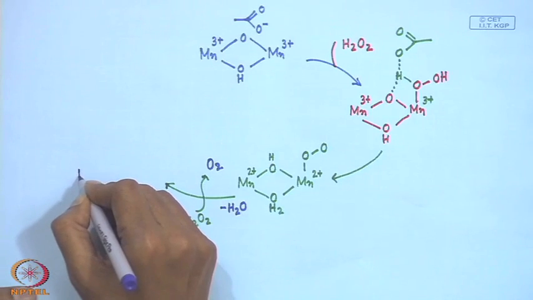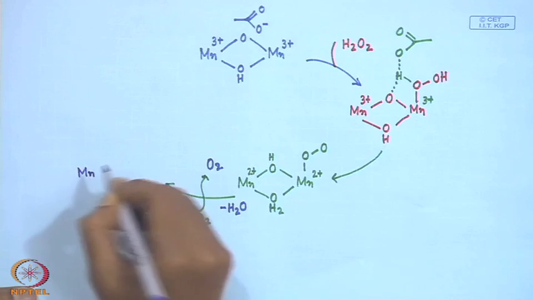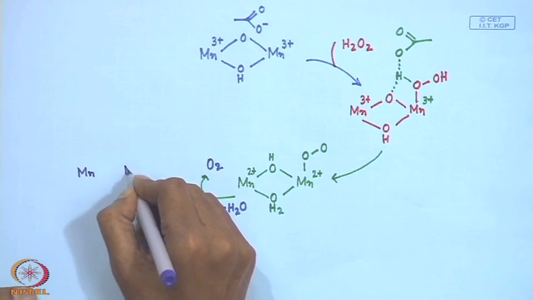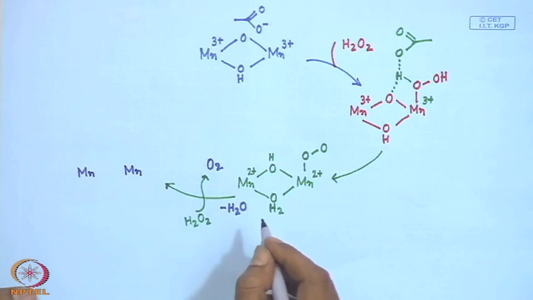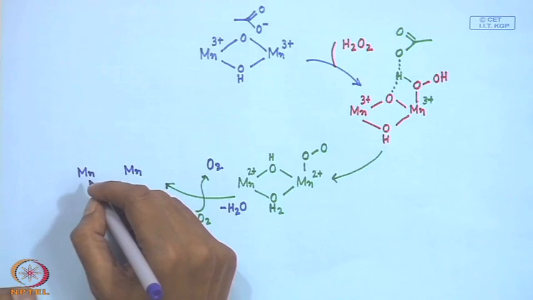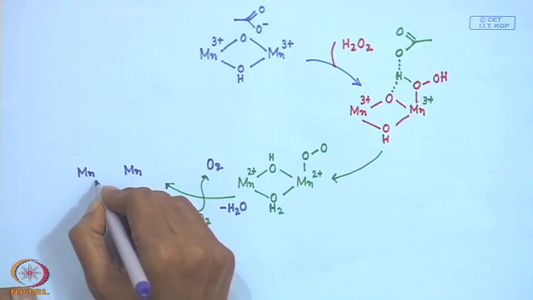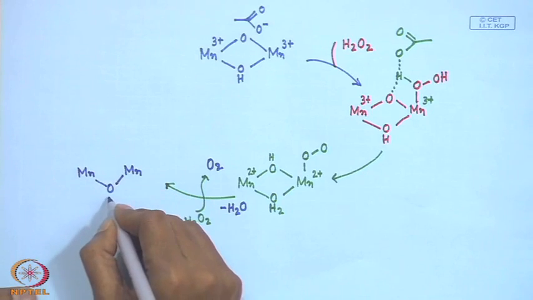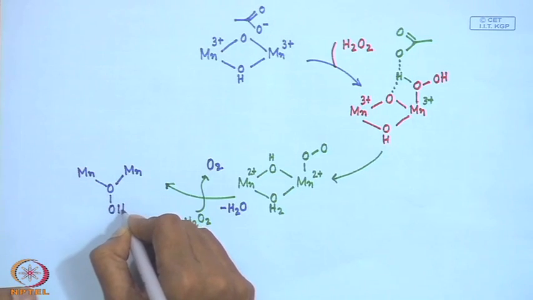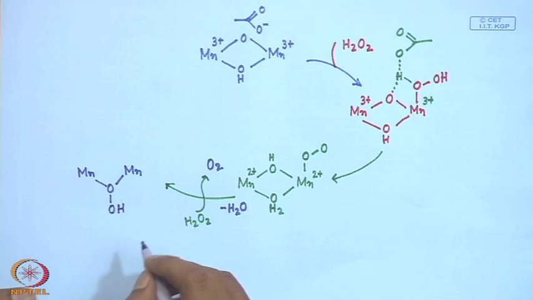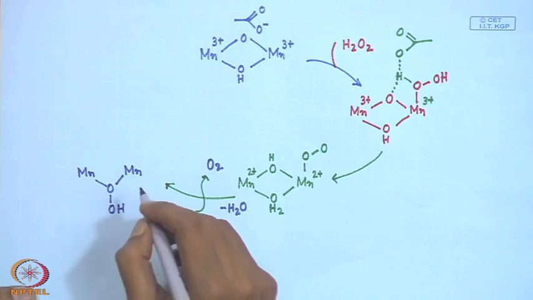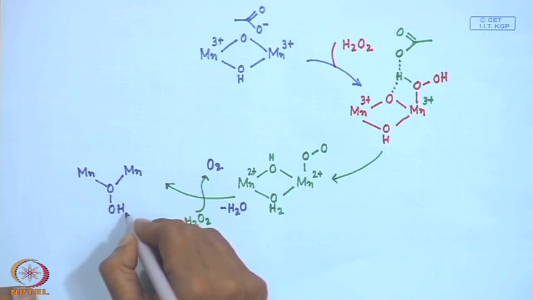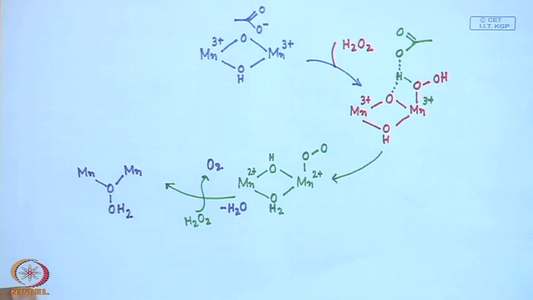So, what will you get at this point? You have both the 2 manganese sites, and now a peculiar arrangement from this particular unit is operating, and sometimes it is attached to H also.